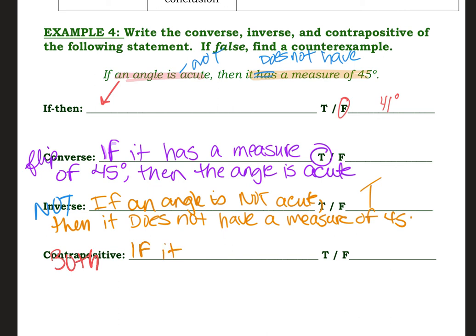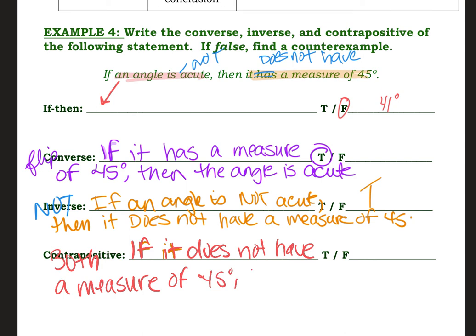If it does not have a measure of 45 degrees, then the angle is not acute. True or false? If it does not have a measurement of 45, then it cannot be acute. False. Good. All right, so I'm going to have you try one without me, okay?